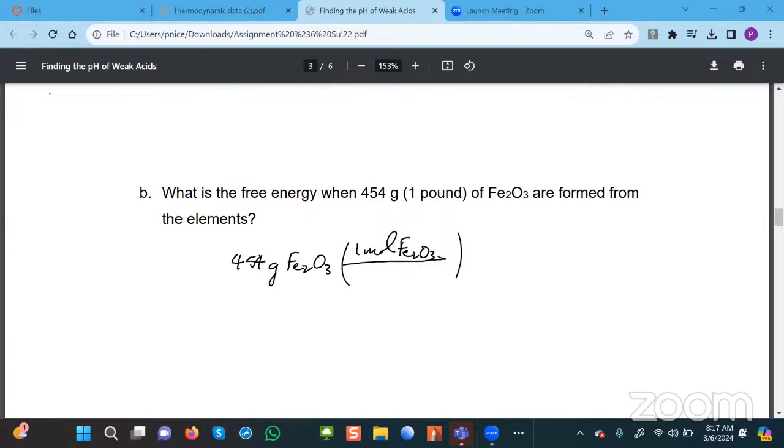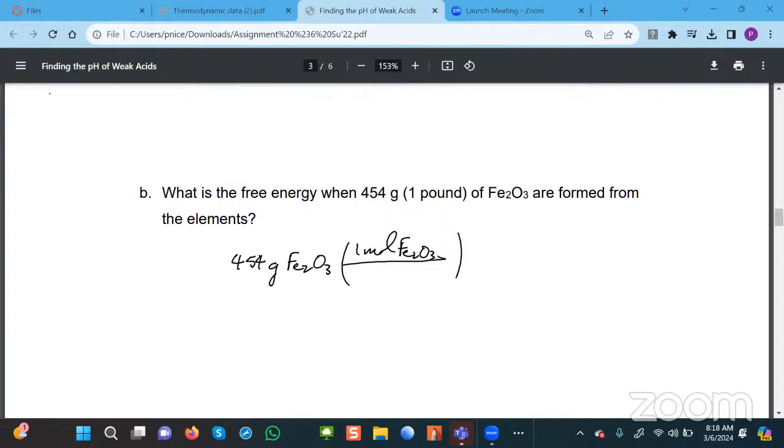Let me do a quick calculation of that. What's the molar mass of iron? Can somebody tell me what that is? 55.85.